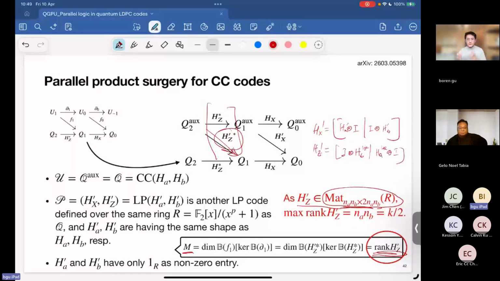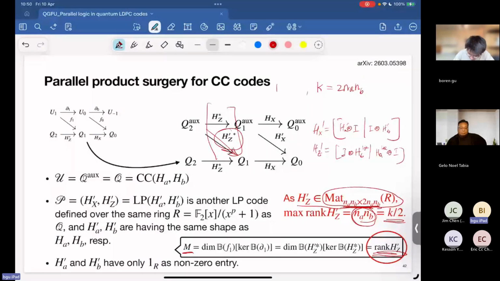Yeah, something like this. And this identity has some sizes, so you can verify yourself it is of this size. If you consider its rank, you can never get more than NA times MB, which is half of your logical qubits, because they are the same size as the seed codes, and we have K equals 2 NA MB, N equals 2P NA MB.